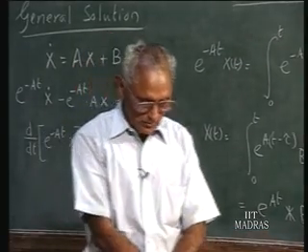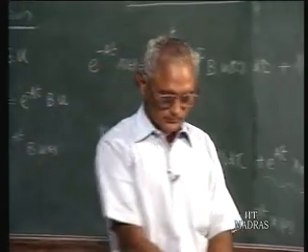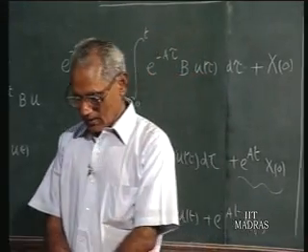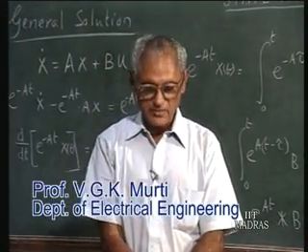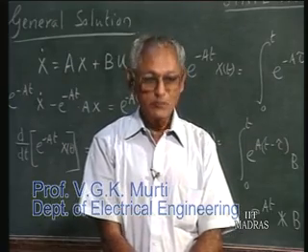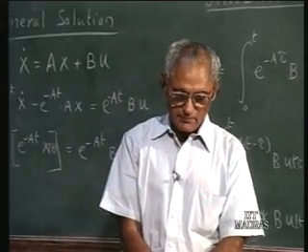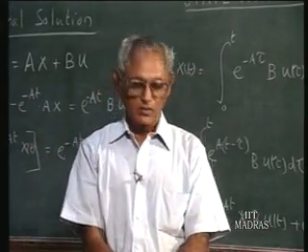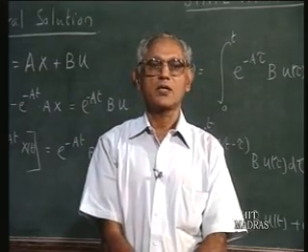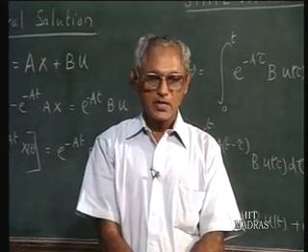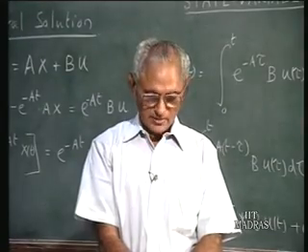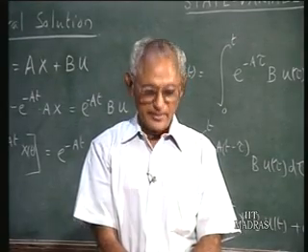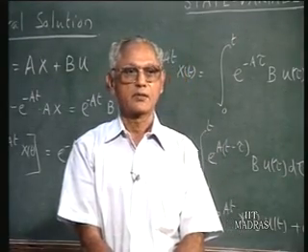So what we have done today is we started out with the system transition matrix, also simply called the transition matrix e power at, and we said that e power at can be evaluated in several ways. One is using the Laplace transform approach: sI minus A inverse happens to be equal to the Laplace transform of e power at, or the transition matrix.